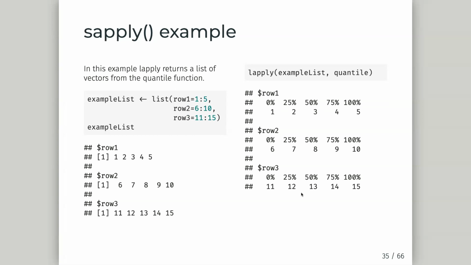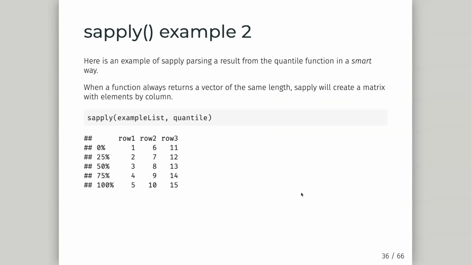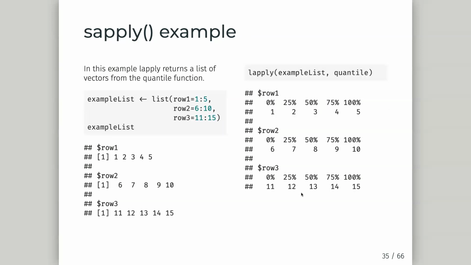So I have a list and I have the results for every list element I evaluated. That's not so bad, but that might be kind of tricky to work with. If I apply sapply to that, it does something kind of neat. It's going to give me back a matrix, same function, same input.